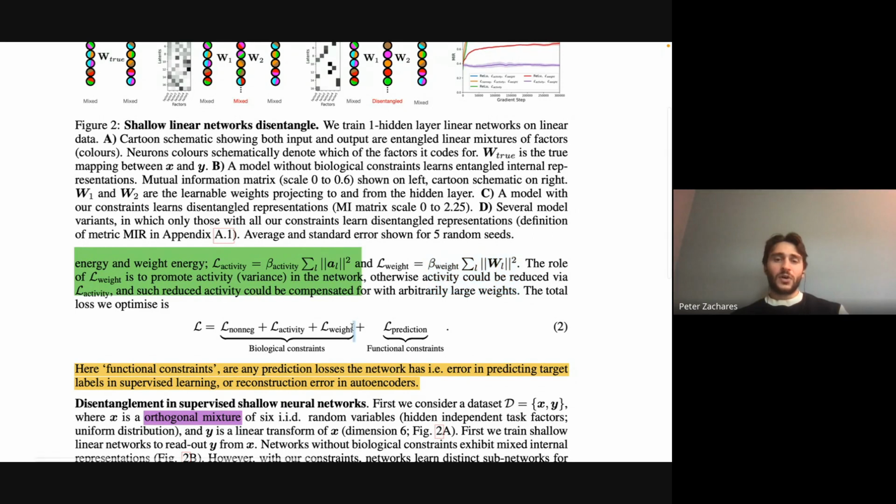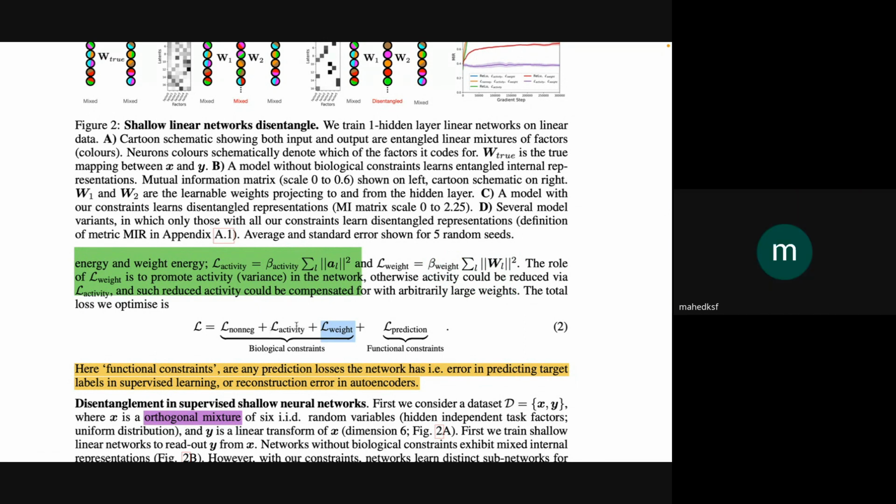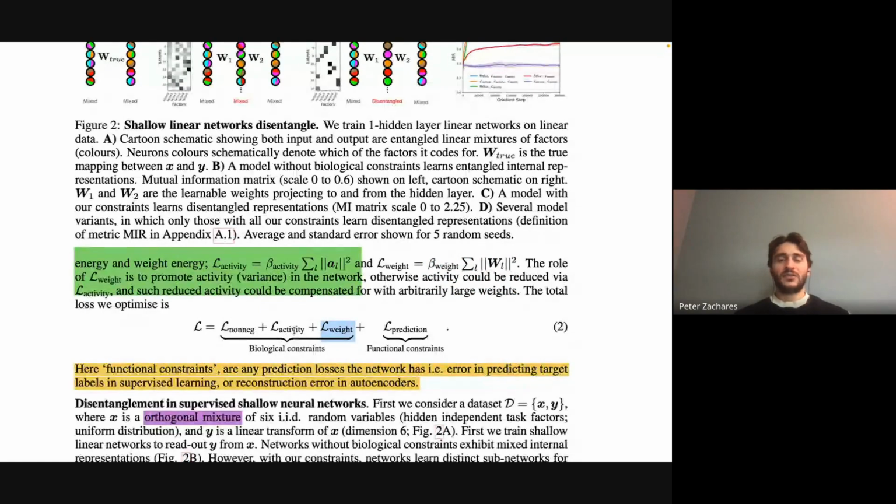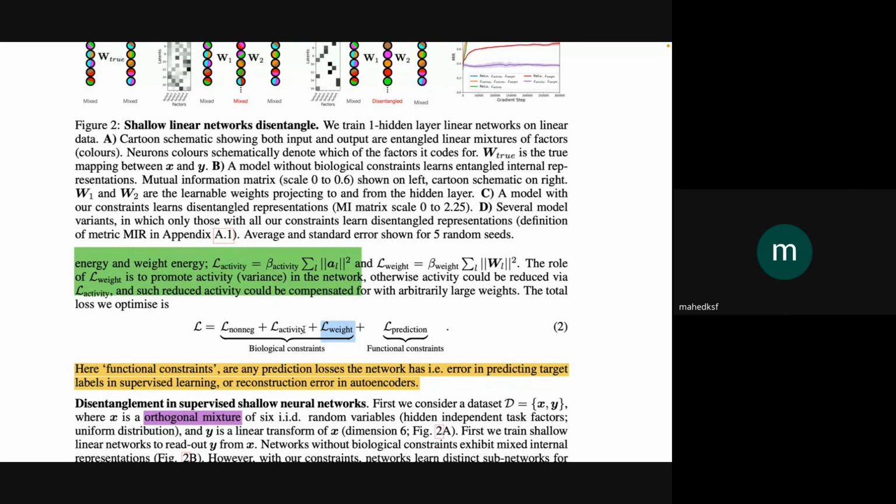So you are almost always training your models with weight regularization, unless you set it to 0, because I think the default is a non-zero value. So we do enforce weight energy minimization in our models. What we don't do is enforce activity energy minimization. So that's the true novelty in the paper, the extra L activity term.